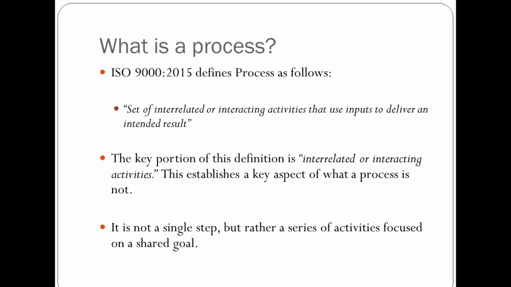Now the key portion of that definition is interrelated or interacting activities. This helps us understand a key aspect of what a process is not. It is not a single step. It is a series of activities that are focused on a shared goal.